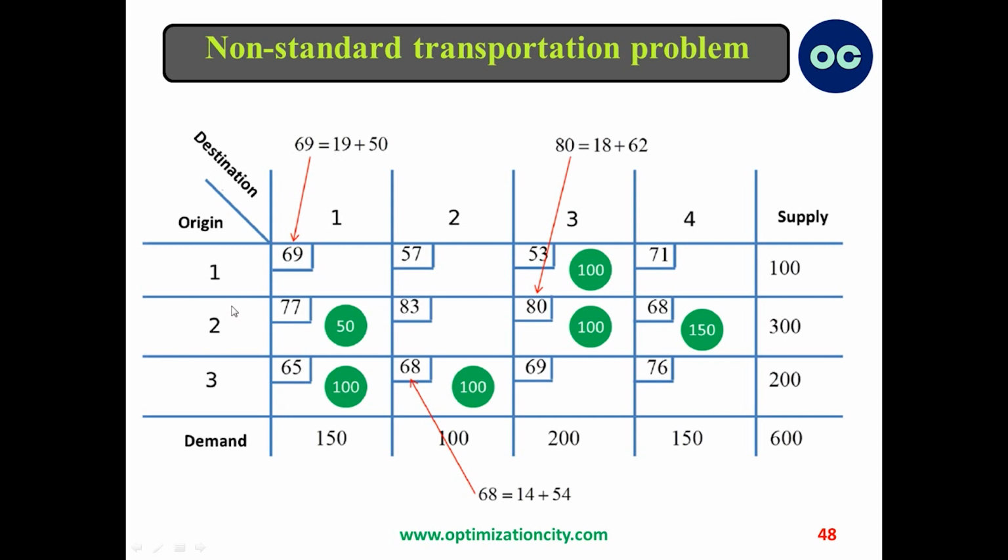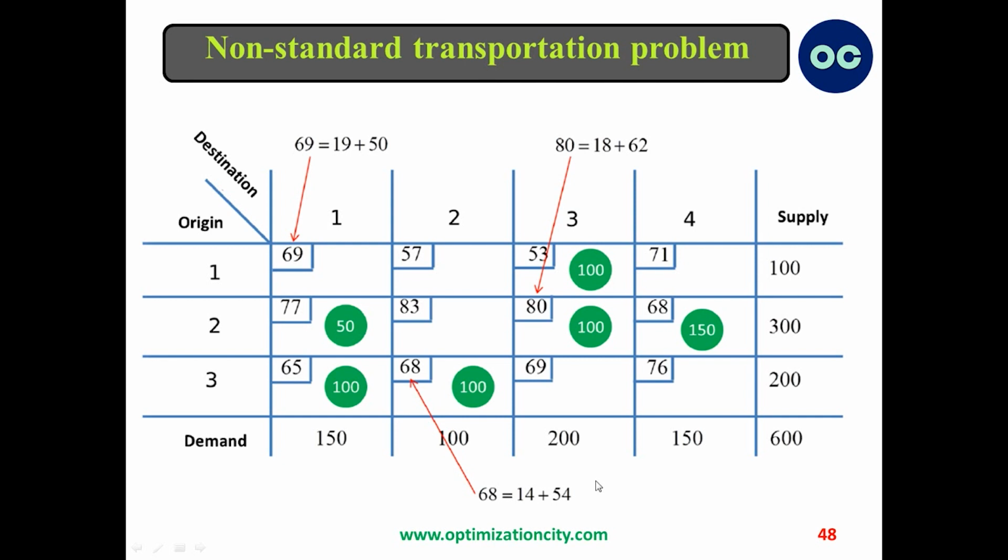For factory 2, the production cost is equal to 62, so we add the transportation cost, which is 18, plus the production cost, 62, which is equal to 80. And finally, the production cost for factory number 3 is 54, and the total cost would be 68.